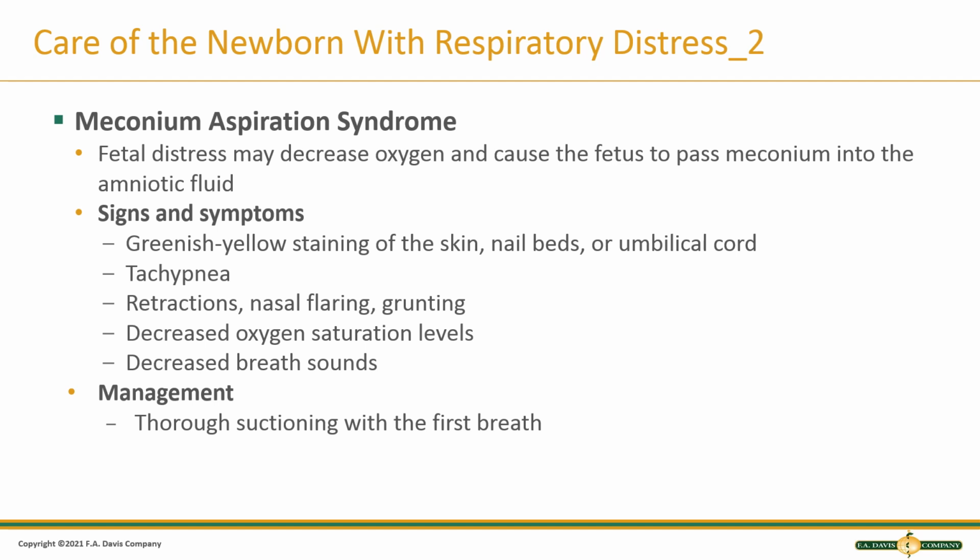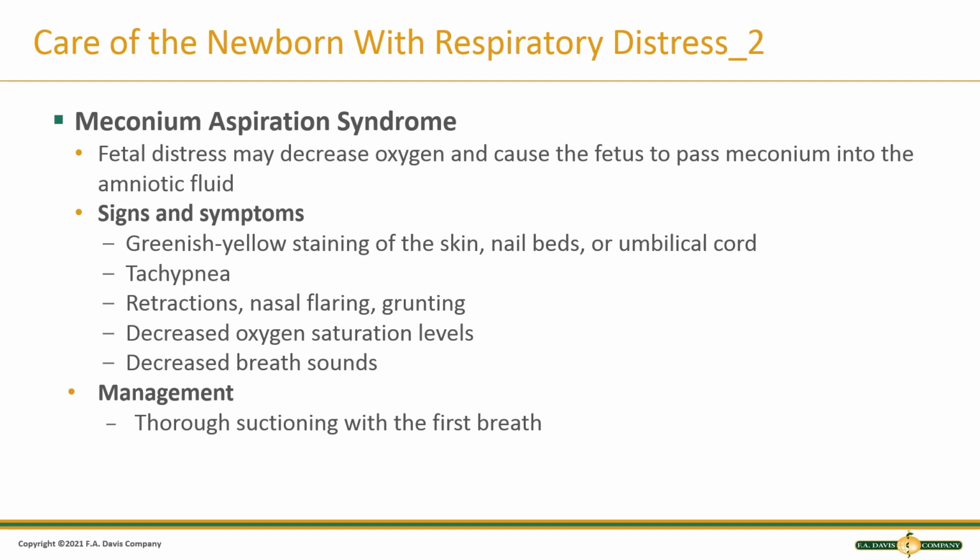Another cause of respiratory distress in the newborn can be meconium aspiration syndrome. The fetus may become stressed by placental insufficiency, cord compression, or infection. Anything that stresses the fetus in utero may cause the fetus to expel meconium into the amniotic fluid.